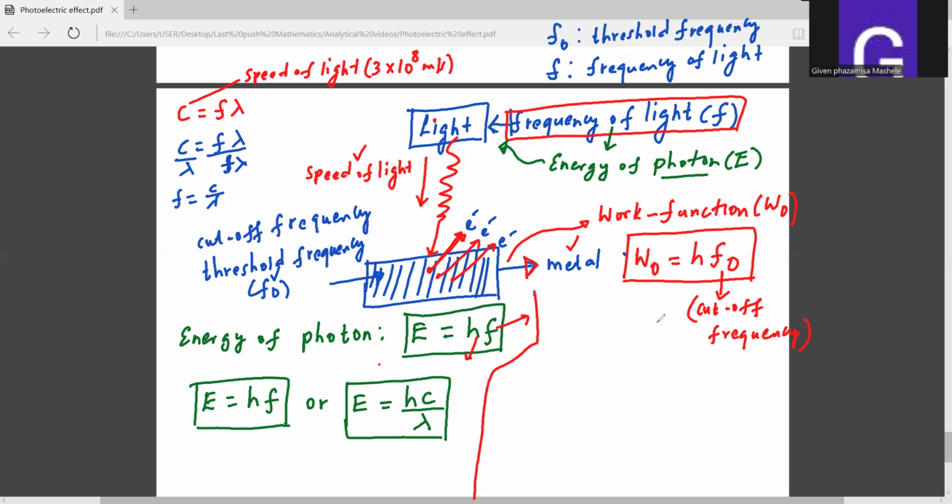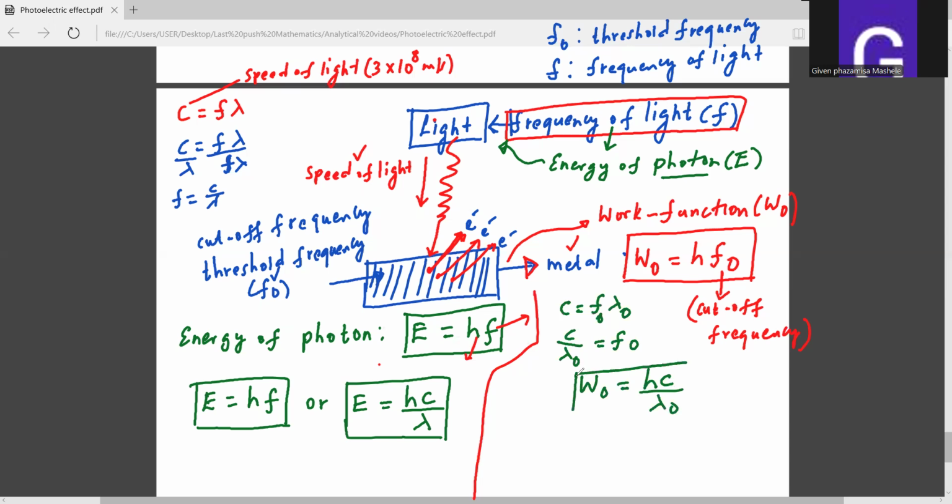Since we said the speed of light c is f times lambda, when we have f naught and lambda naught, we can still calculate the work function when we have the cutoff wavelength, not the cutoff frequency. If we divide both by lambda naught to give us f naught, the work function can be calculated by using hc over lambda naught.